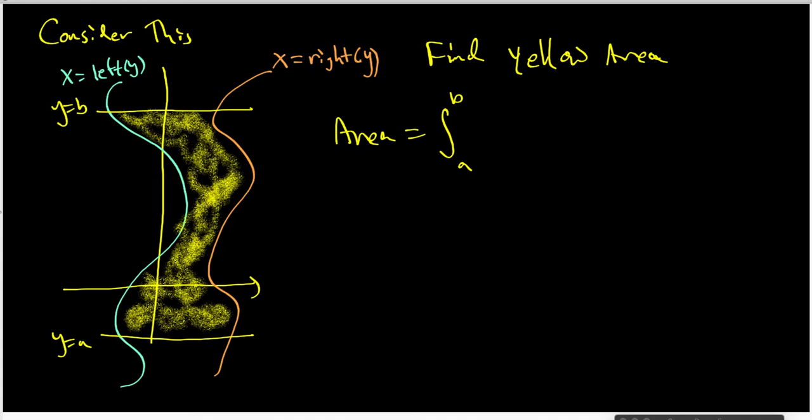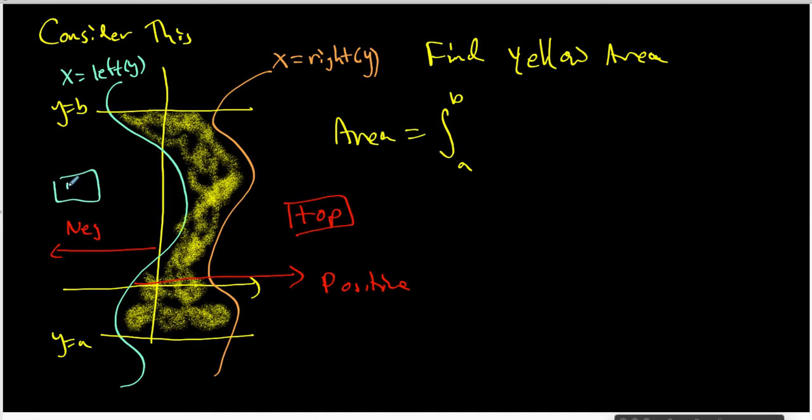So I'm going to understand that this is the positive direction for x, and consequently this is the negative direction for x. This side corresponds to the top in the x direction world, and this side corresponds to the bottom part of the x direction world.